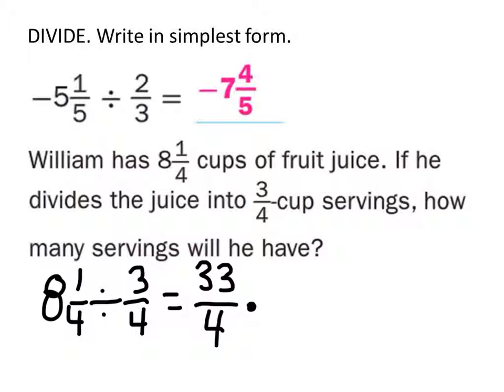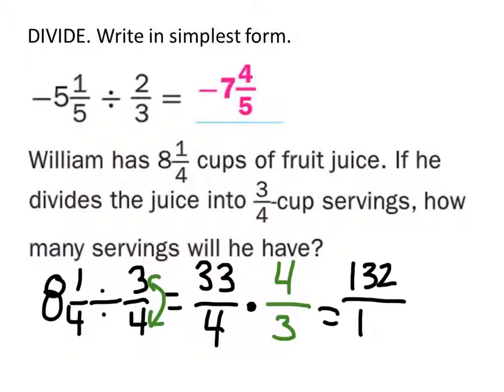We're going to switch this right away to multiplication, which means I need the reciprocal of 3/4, which is 4/3. Now I can either cross simplify or just solve. So that's 132 over 12, which should simplify to 11.